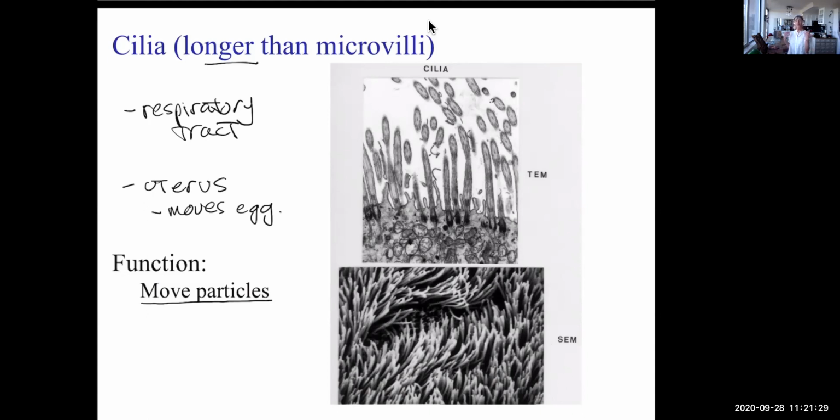What are we moving out of our respiratory tract that we're breathing in all the time? Mucus, yes. Yes, mucus with trapped particles. Excellent. So oxygen flows out due to differences in partial pressures of gases.